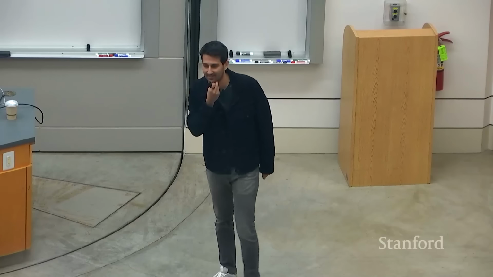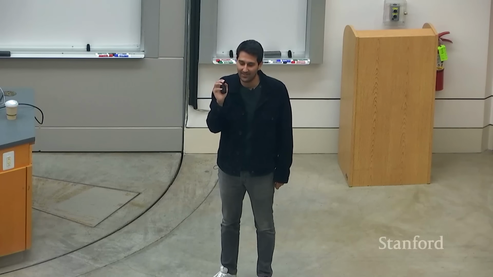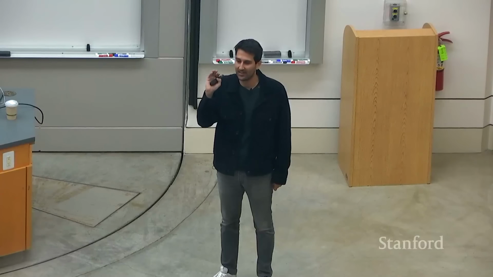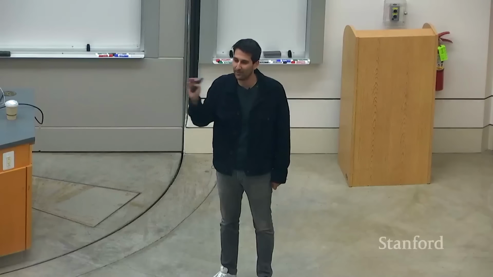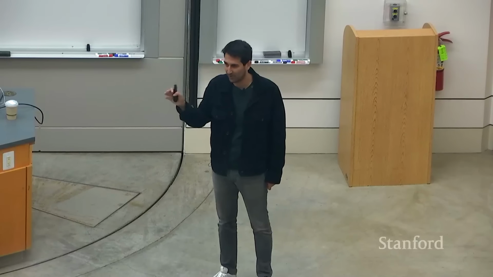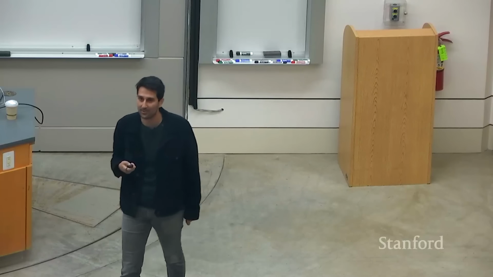I see. So you're saying there are more images that are classified as iguana by the model than there are iguana images possible. Yeah, that's also a good intuition. Exactly.